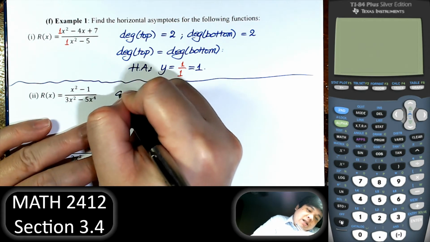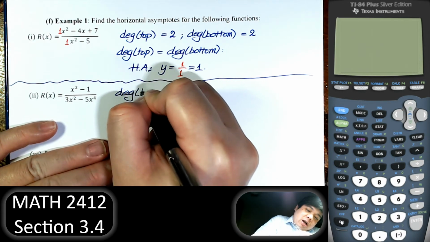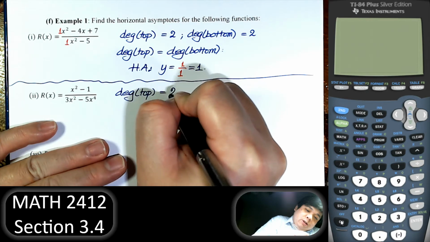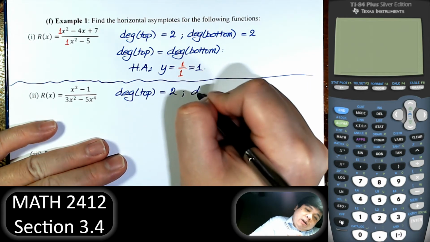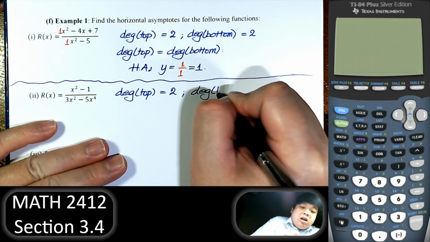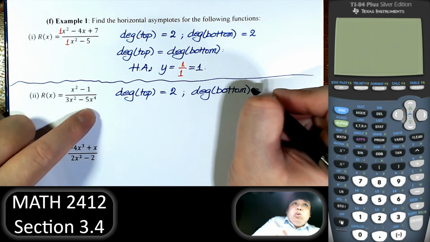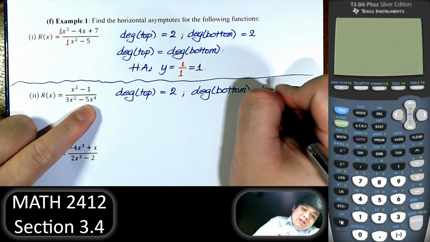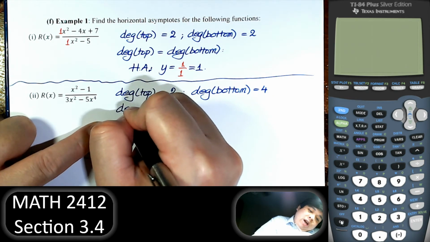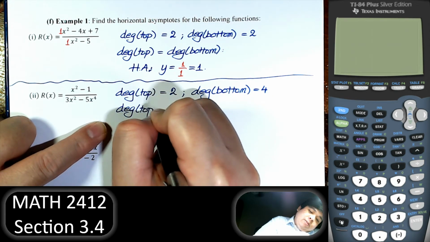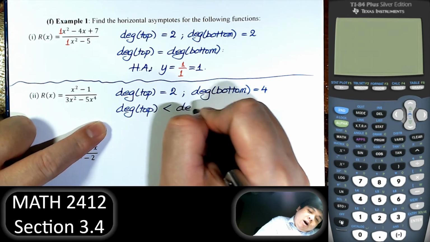Right, next, for the next problem, degree on top is equal to 2. Degree at the bottom, notice that the highest degree of x at the bottom would be 4. So what if we have degree on top less than degree at the bottom?